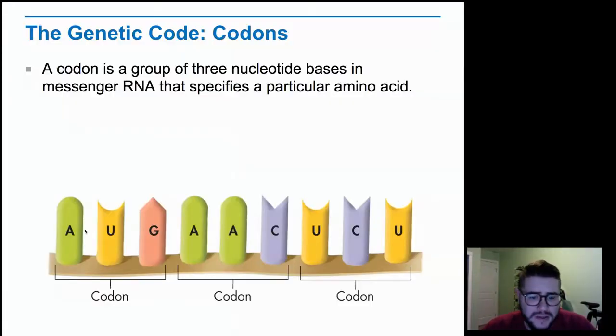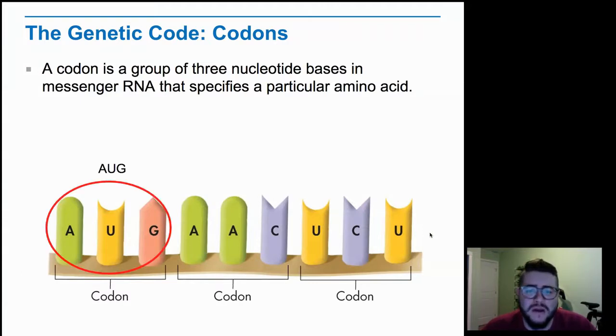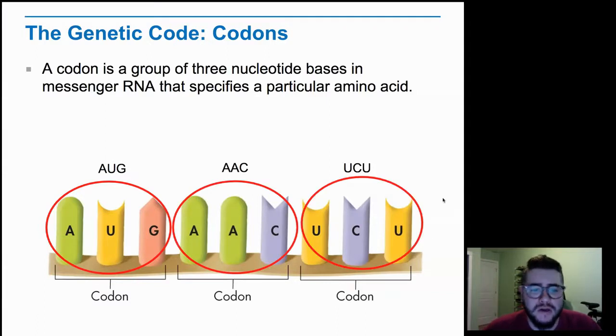It looks like this if we're looking specifically at the mRNA molecule here. And the amazing thing is, scientists were able to decode what amino acid each combination of mRNA nucleotides actually ends up coding for. For this one, here is a codon AUG, here's another codon AAC, and here's a codon UCU.